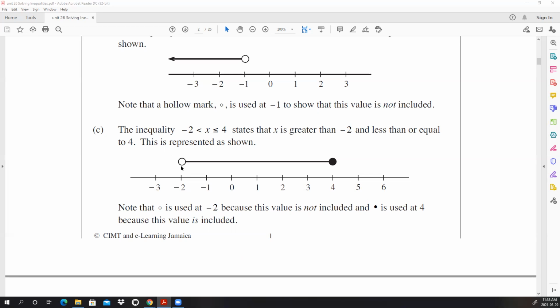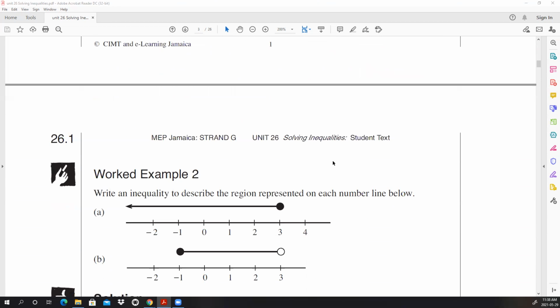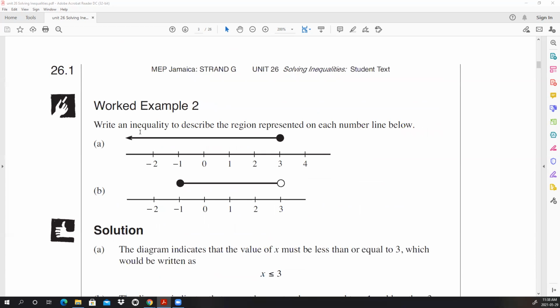Let's use what they say, hollow mark, though I prefer to say hollow circle or unshaded circle. Then since it also includes 4, you have a shaded circle. And since it's between -2 and 4, that's why I connect the line between -2 and 4.